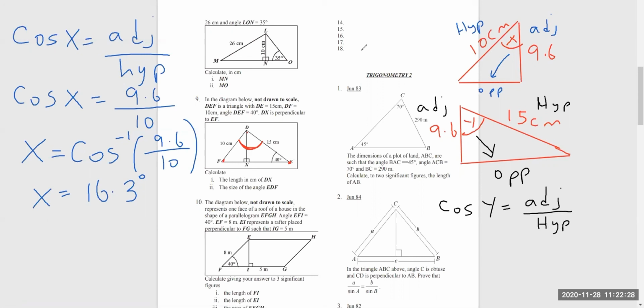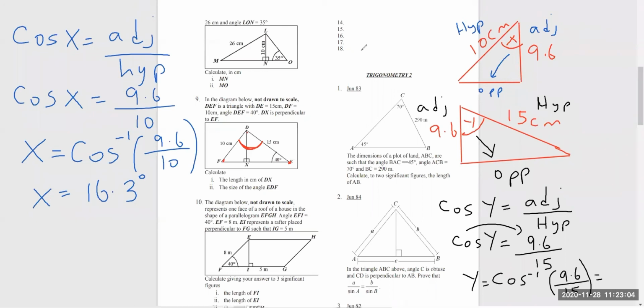Substitute the relevant values. We get cosine y is equal to the adjacent side, 9.6, divided by the hypotenuse, 15. Same thing we did. Basically, you want to get rid of the cosine. You multiply either side by the inverse, or think of it as the cosine going across and becoming the inverse, written as cosine to the power minus 1 of 9.6 over 15.